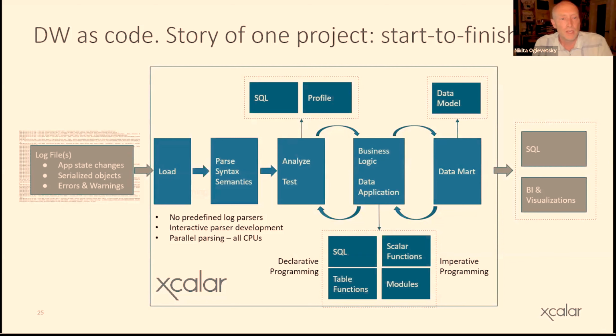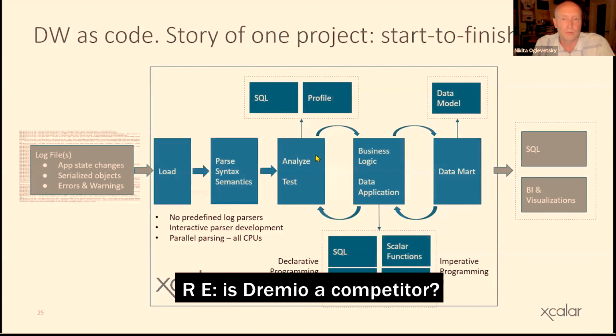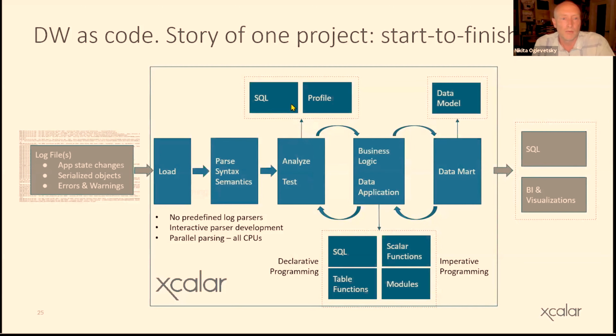As you see in this diagram, this analyzed block in the middle, the blue block in the middle, once I've finished parsing the data, I am able to start analyzing the data attributes using table profiling and SQL, the two blocks on the top. Then I build the first set of business logic and interpolations using SQL, extending it with Python scalar functions and table functions that you see on the bottom.